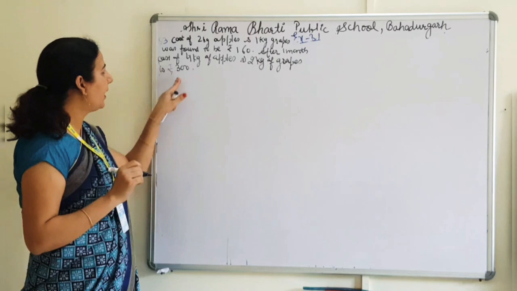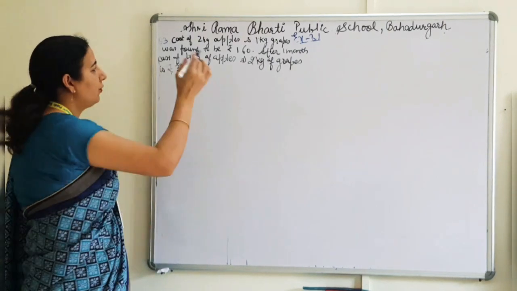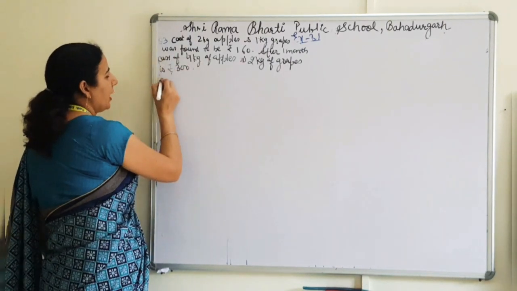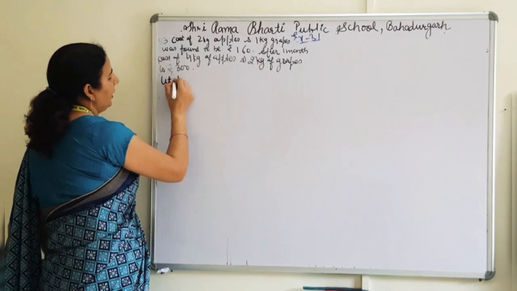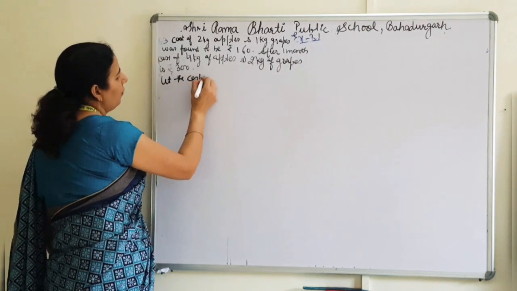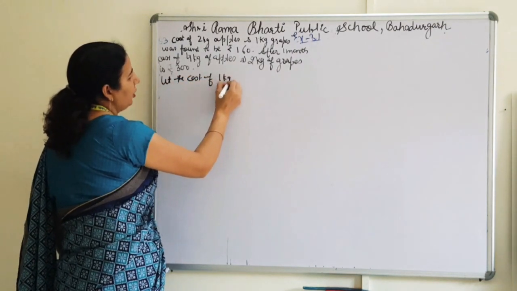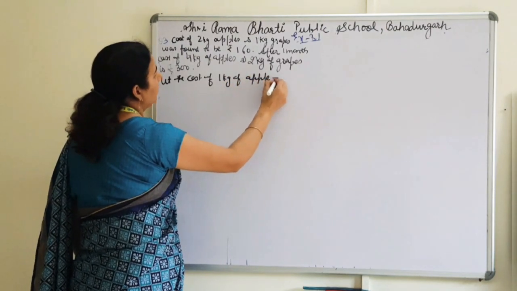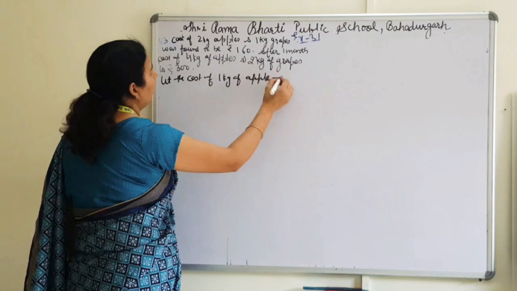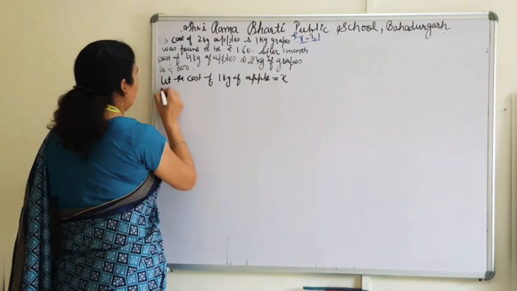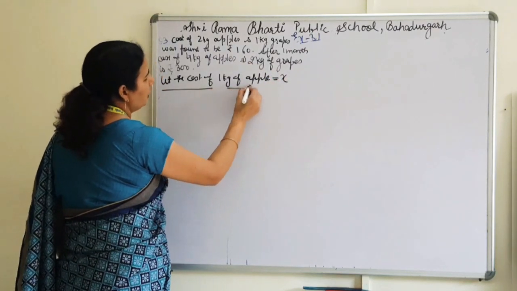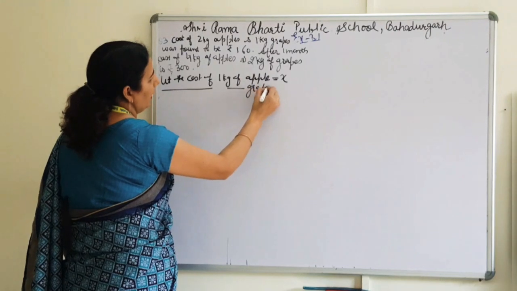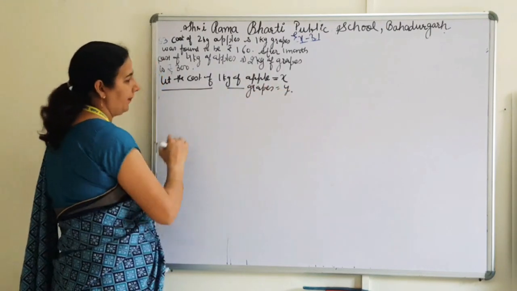So students, here I have taken question number 3 of the same exercise. Cost, again the cost price. Let the cost of 1 kg of apple be x. Let the cost of 1 kg of grapes be y.